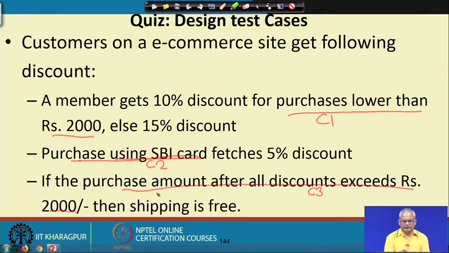And the action part is the discount is 10%, 15%, additional 5%, and then if the total amount exceeds 2000, then shipping is free.